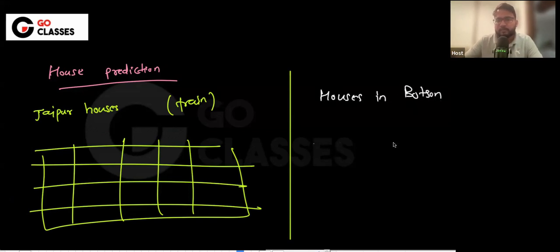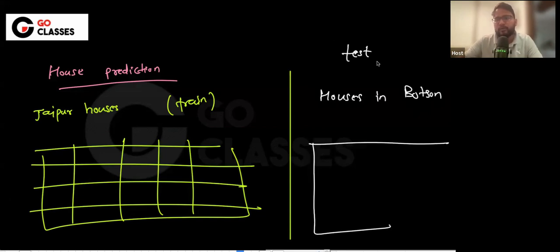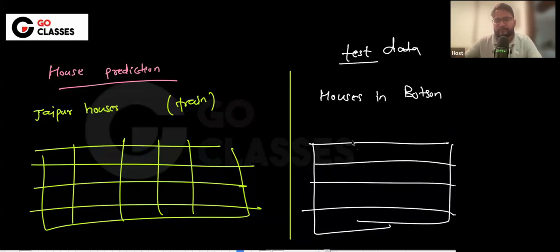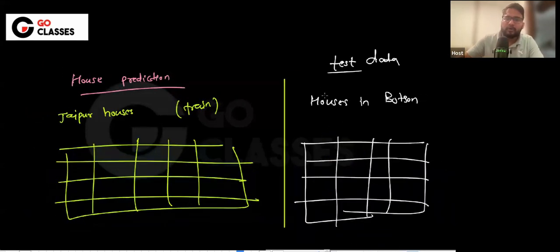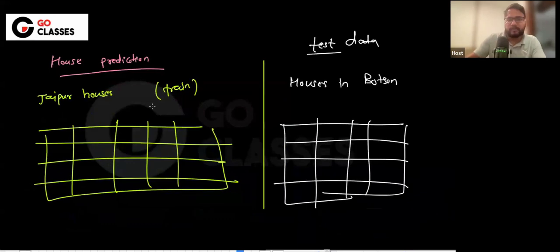This is my test. Do you think it will do well? The distributions are different, right? Distributions are completely different, so it will not do well on this. It will anyway perform badly on the test data, because the train and test distributions are completely different.